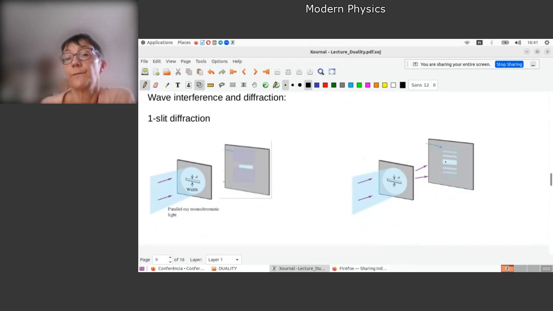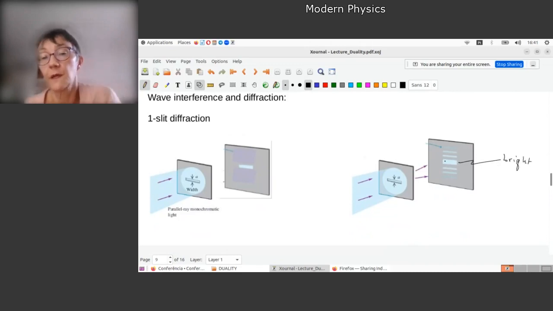So you have really this big shape in the middle, but on each side of this expected bright region, this is bright obviously, this is where light reaches the screen, you have other parts away from this central part. And so this is diffraction.